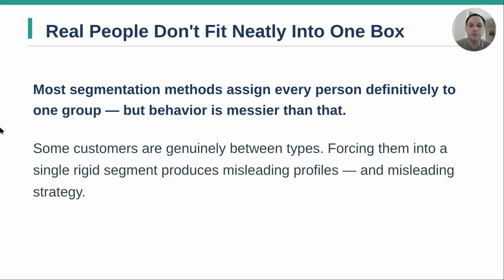Traditional segmentation methods like k-means cluster analysis assign every respondent to exactly one segment, regardless of how close to the boundary they sit. That rigidity produces clean-looking segments that, on closer inspection, contain quite different people who got lumped together because the algorithm had to put them somewhere.